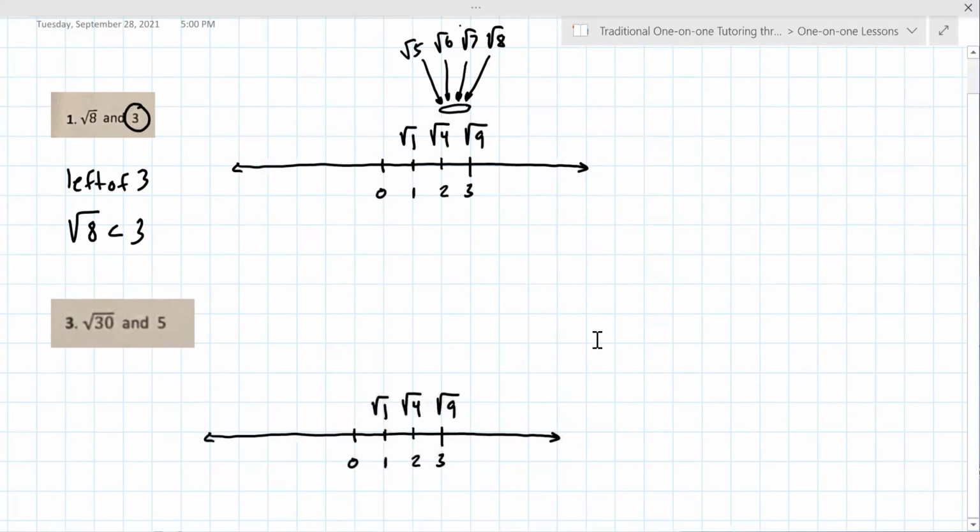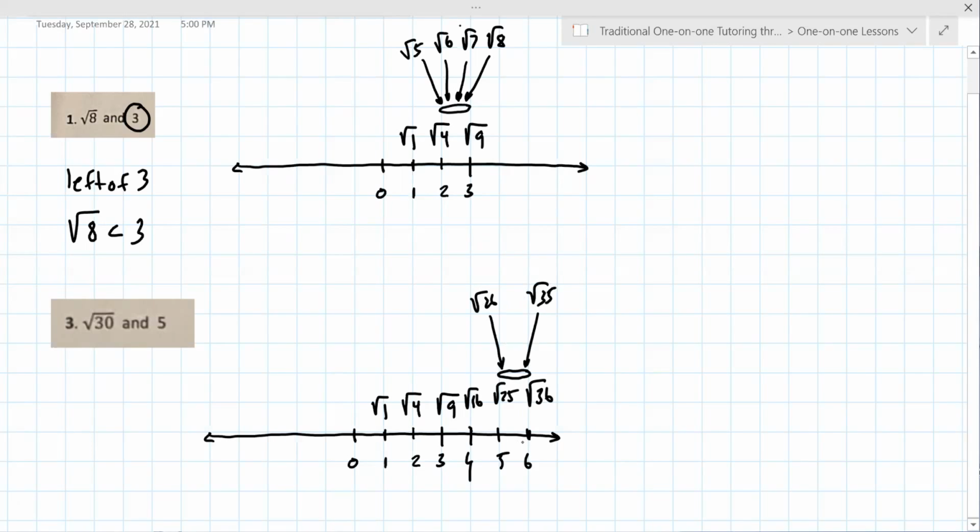Okay, on this number line, 4 is the square root of 16, and 5 is the square root of 25, and 6 is the square root of 36. So the square root of 30 falls somewhere in between these two. Do you see that? It goes all the way from the square root of 26 all the way to the square root of 35.